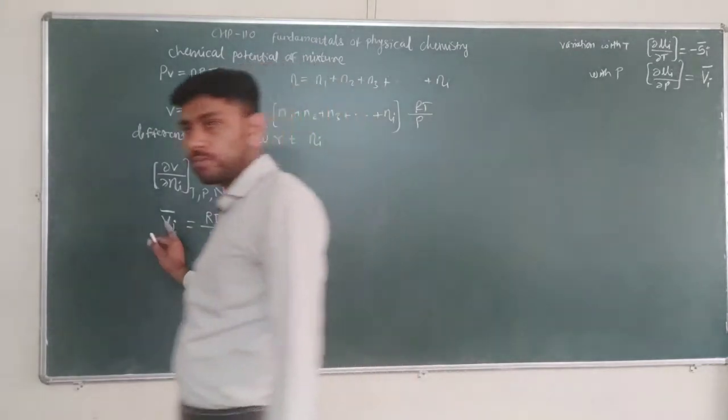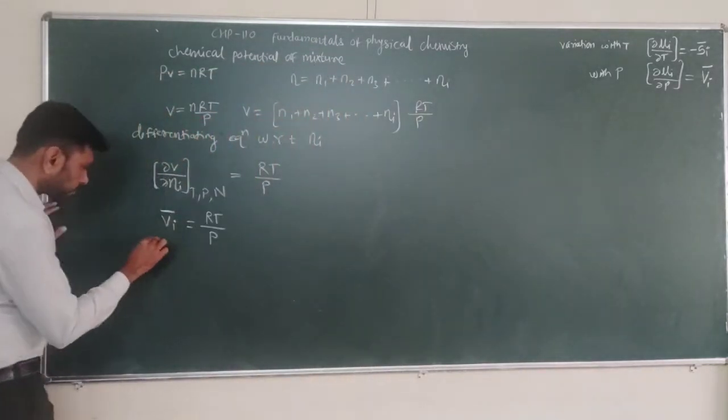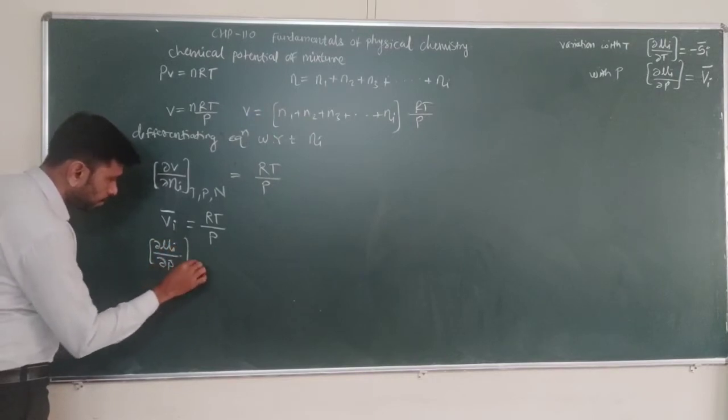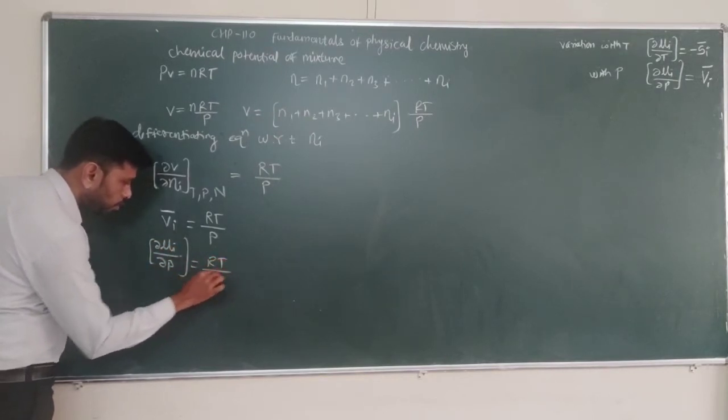So we replace this quantity: delta mu i by delta P equal to RT upon P.